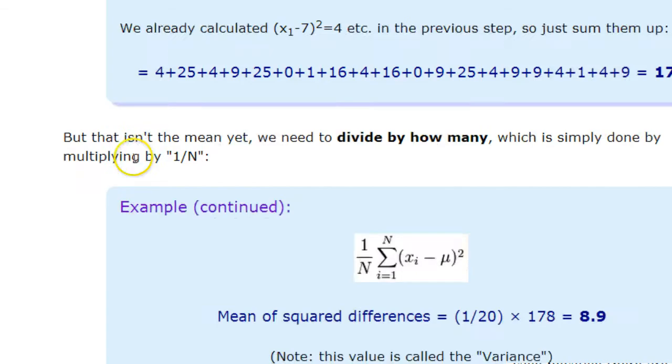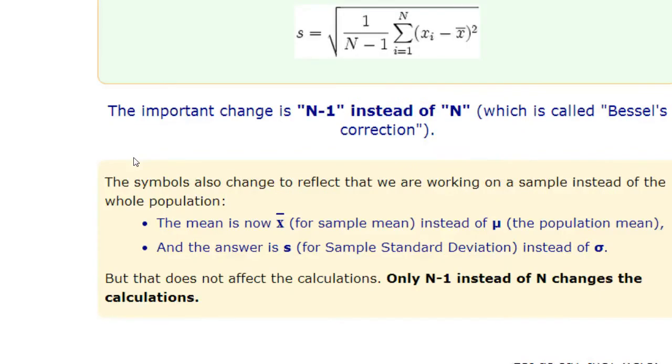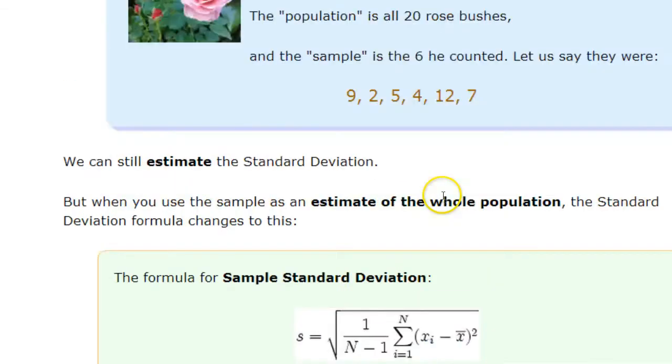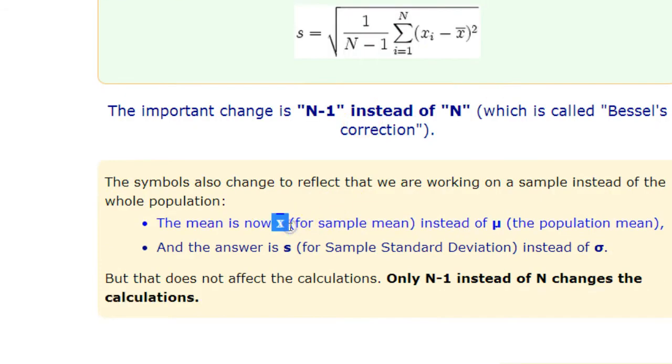Sigma notation. I just want to explain why it's n minus 1 and n. This is Bessel's correction. I always forget that too. Now the symbols also change. If you're working with a sample, it's going to be x bar instead of mu, and the answer would be S instead of sigma.